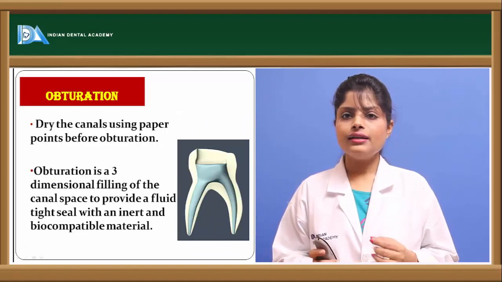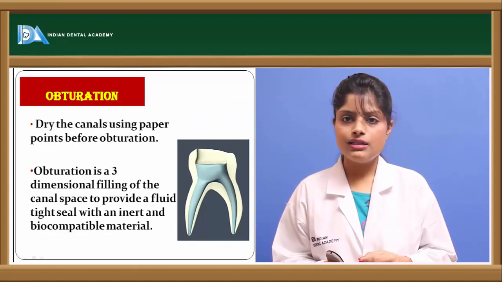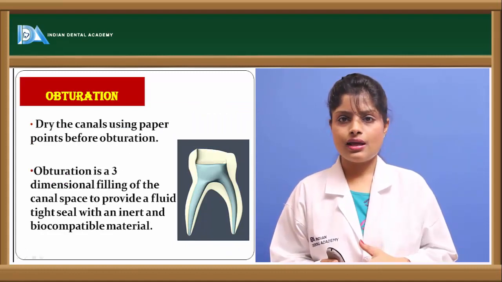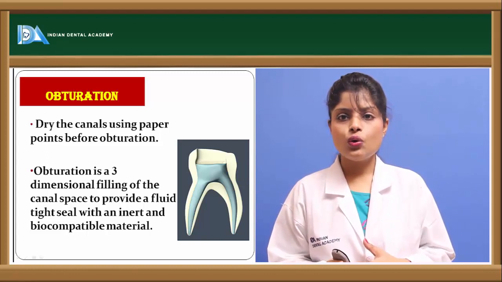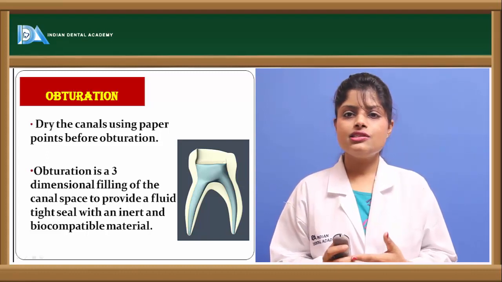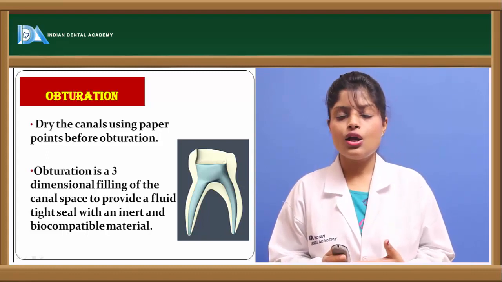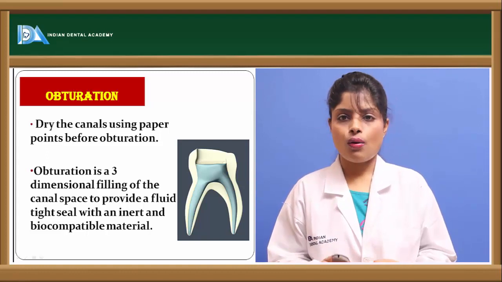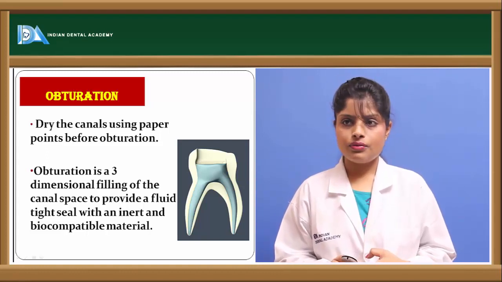After drying the canals properly by means of paper points, and if we see there are no residual liquids or fluids present in the canal, and no residual pulp or dentinal shavings, we can progress to obturation of the canal.